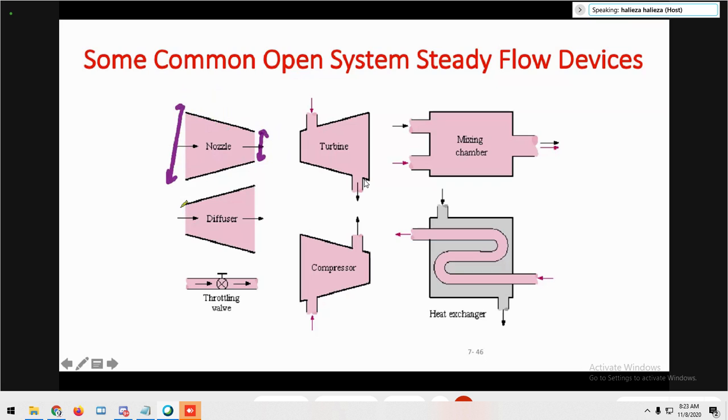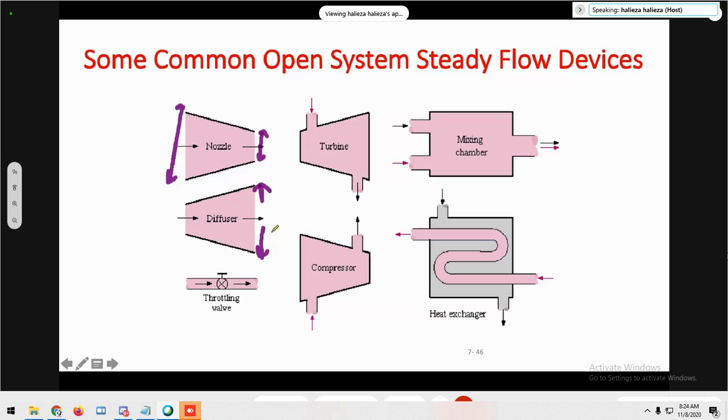And if you look at the diffuser, you have a bigger diameter at the outlet. So that means your pressure should be less. Compared to the nozzle, your diameter is smaller at the outlet, so your pressure is increased. The diffuser is supposed to decrease the pressure.